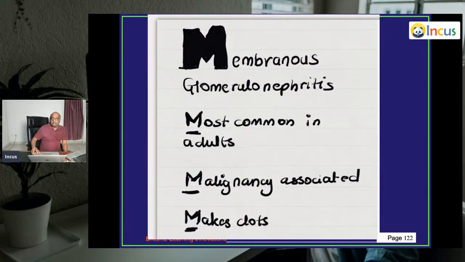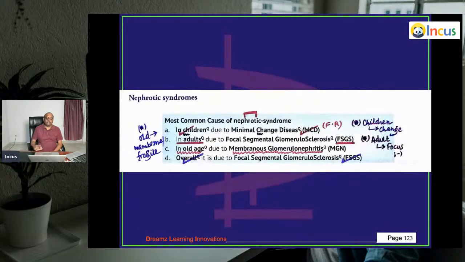So you should remember membranous glomerulonephritis is most common in adults. Malignancy, underlying malignancy के लिए search करना membranous glomerulonephritis है तो, and it makes clots because of the hypercoagulability.